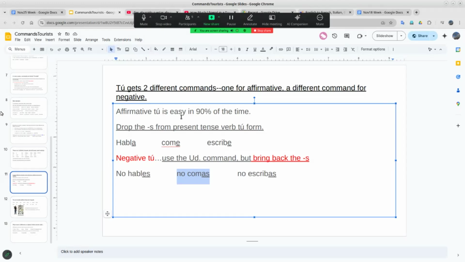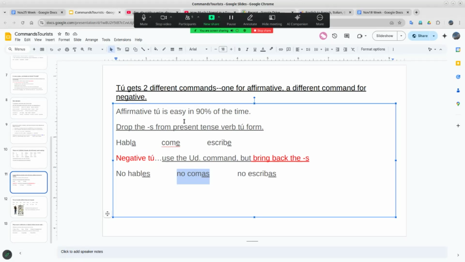So that is what happens. Tú is odd and opens the big Pandora's box because tú for go do it uses one verb form, but tú for don't do it uses a different kind of verb form. And tú will kind of follow the usted thing, but it brings the S back.